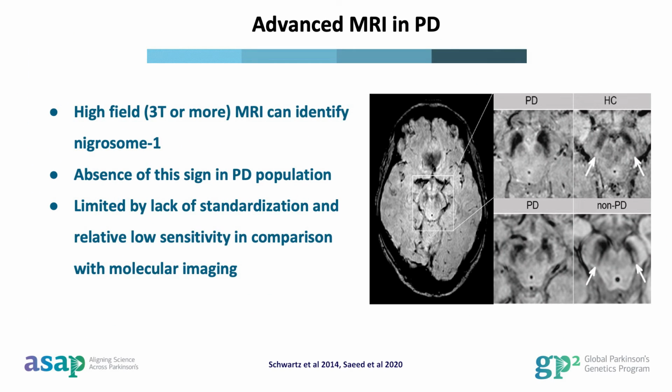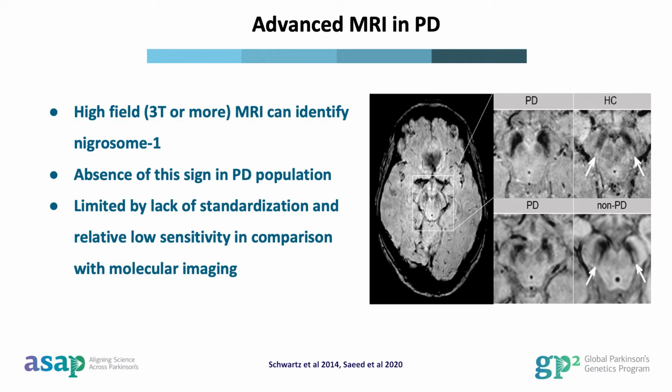Advanced MRI techniques can provide more detailed images of changes in the substantia nigra. Using high-field MRI, 3 Tesla or more, and optimized sequences, nigrosome 1, a dopaminergic neuron-rich region in the substantia nigra, can be seen as a hyperintense ovoid area, also called the dorsal nigral hyperintensity sign.